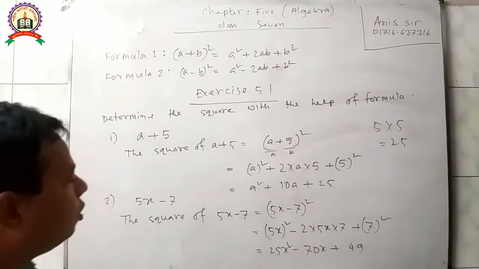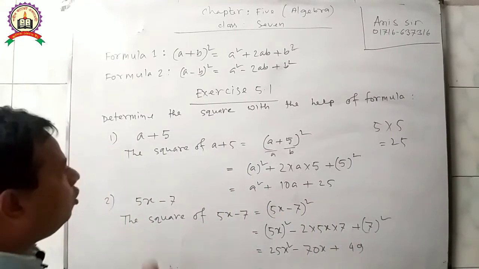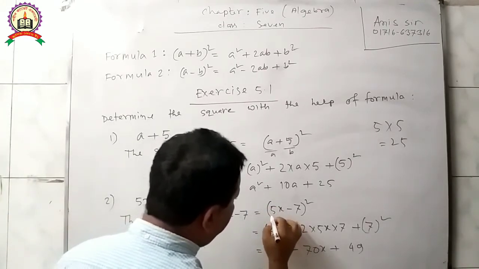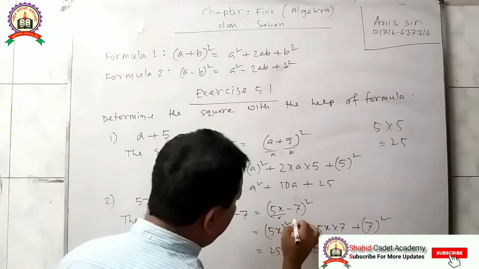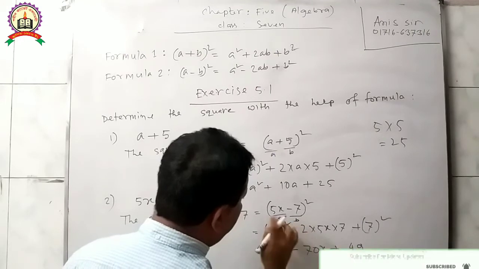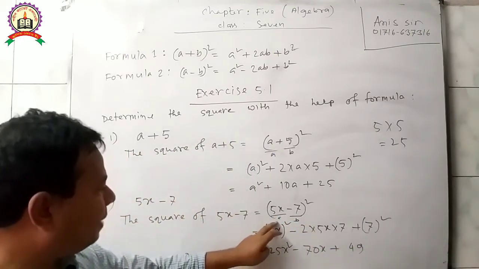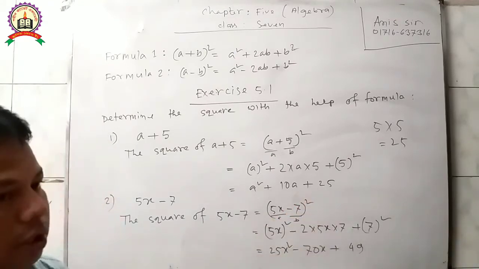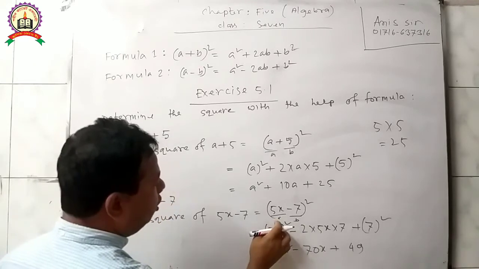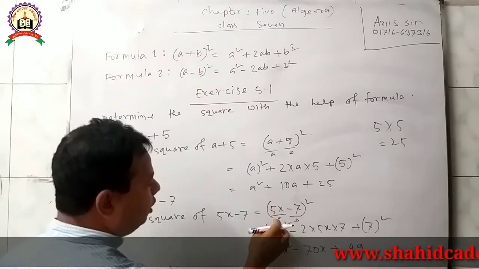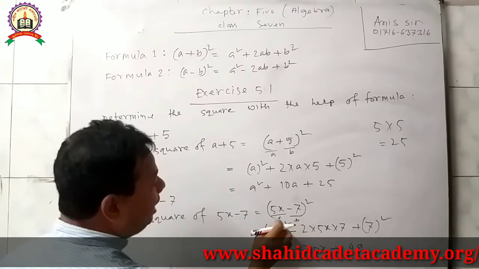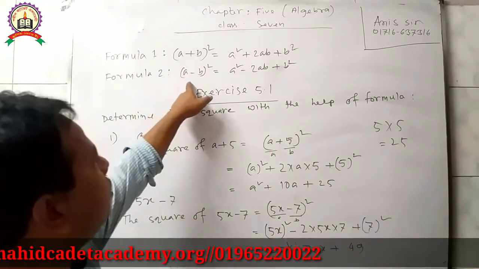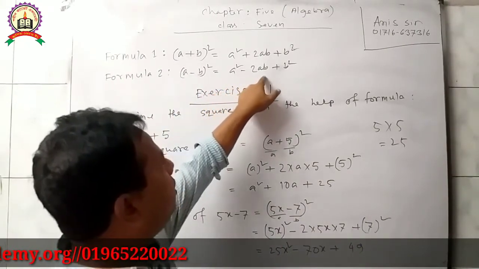Suppose 5x equal to a and 7 equal to b, then we get a minus b whole square. That means formula 2: a minus b whole square equal to a square minus 2ab plus b square.